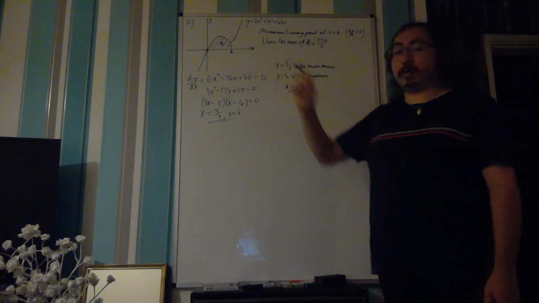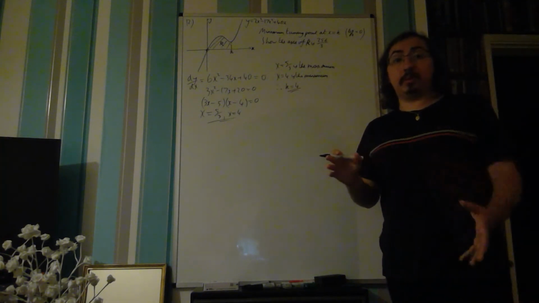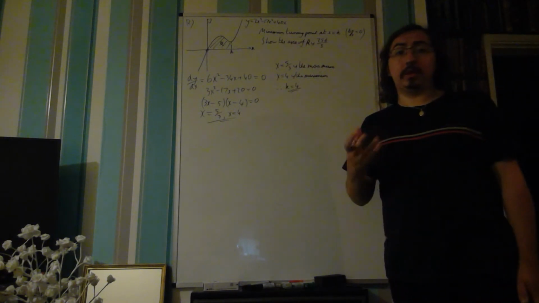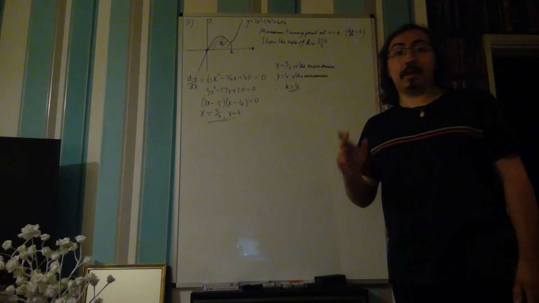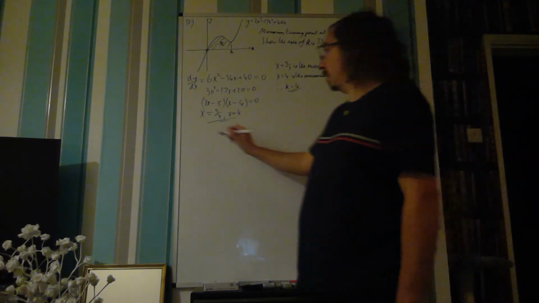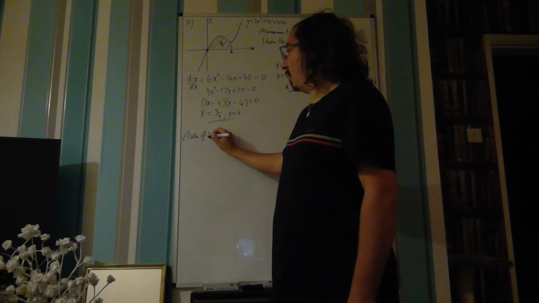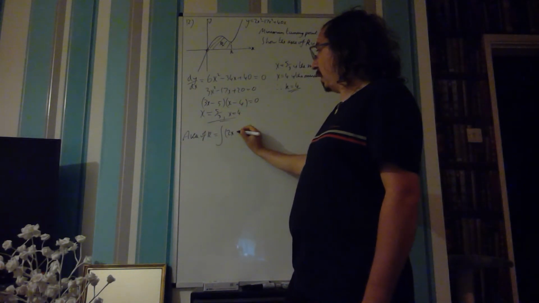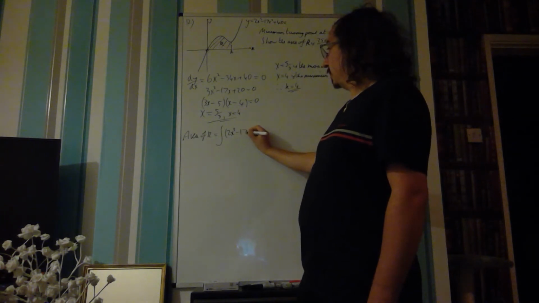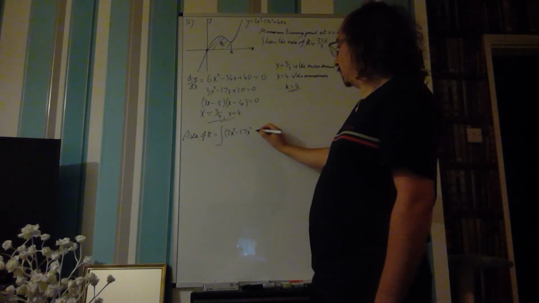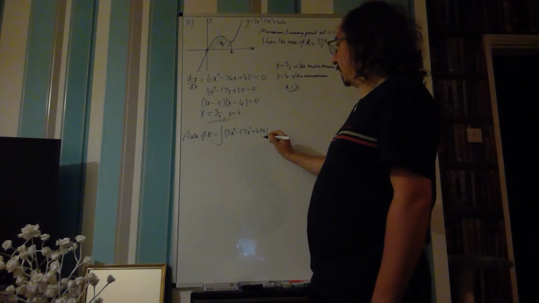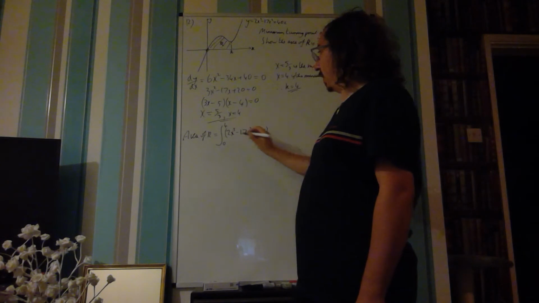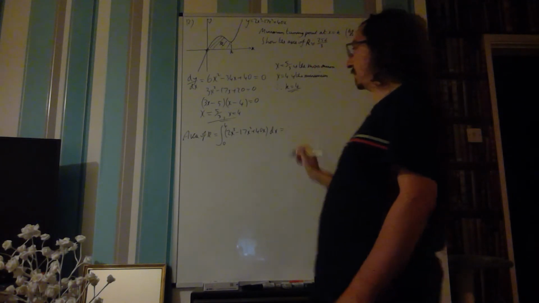Now that we have our k value, we can deal with what we said to start with. We want to find the area of the region R. We're given the equation of the curve, so we can integrate to find the area under the curve. So to find the area of R, we're going to integrate our function, 2x cubed minus 17x squared plus 40x, between our lower limit of 0 and our upper limit k of 4, with respect to x.